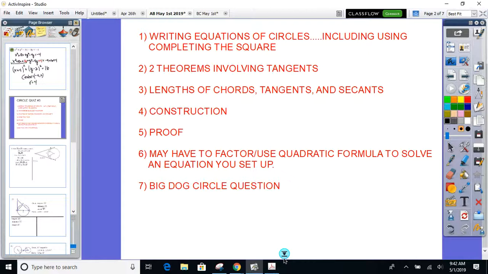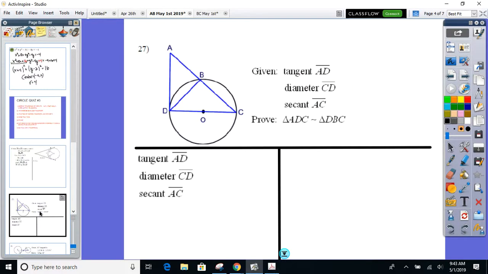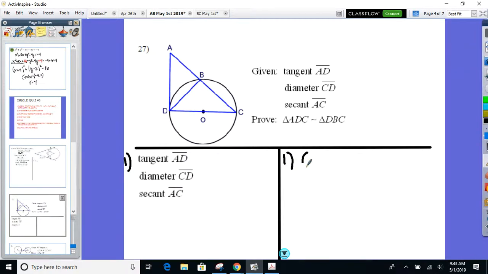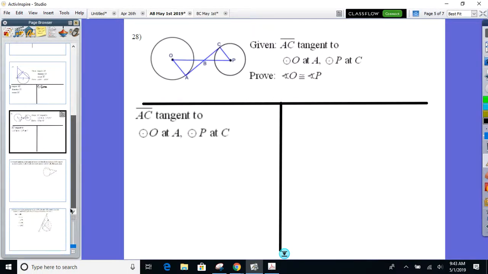All right, ready to proof it? Because that's what I want to focus on today are the proofs, because we haven't gone over too many of them. All right, let's roll 27. Here we go, proof 27. Well, you guys have a different 27. All right, I'll go to that one then.